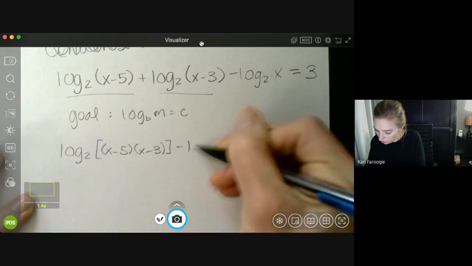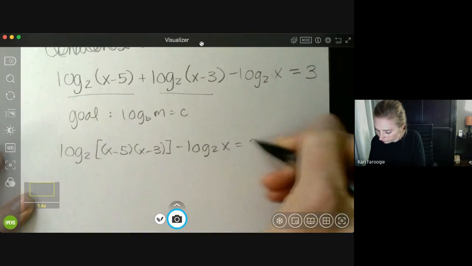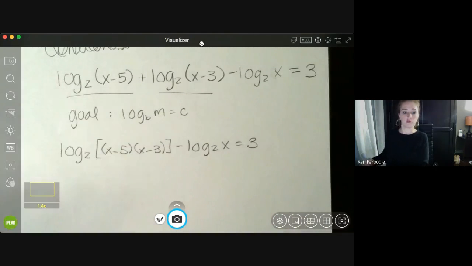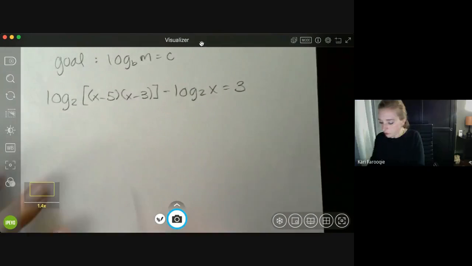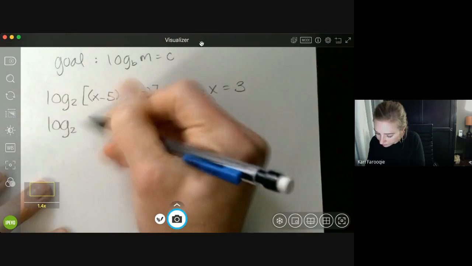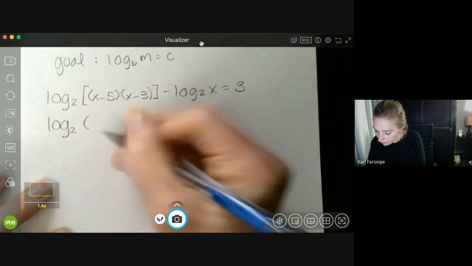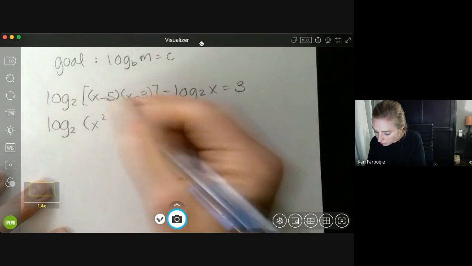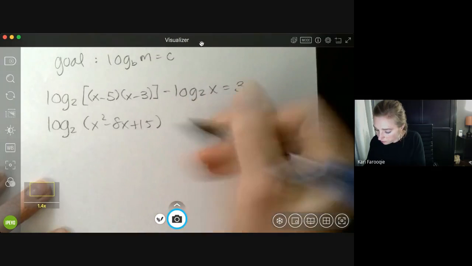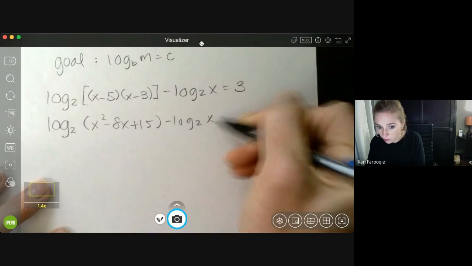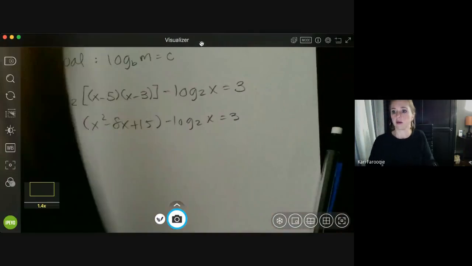And then we'll worry about the rest of this last term in just a minute. All right. So from here, we'll go ahead and FOIL this out. You have x squared minus 8x plus 15 minus log base 2 of x equals 3.